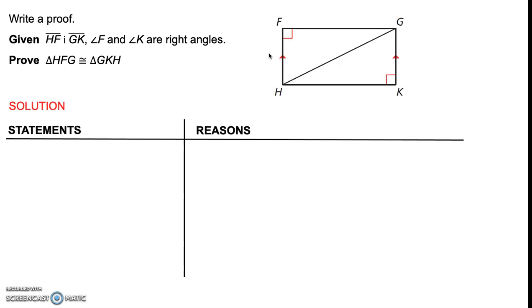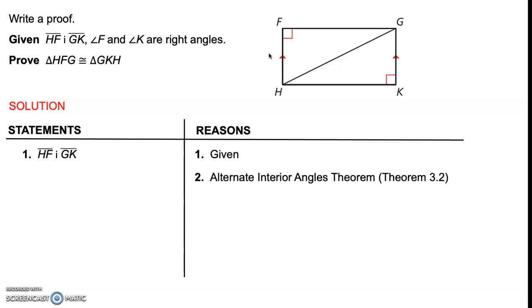Number one, draw your columns. Number two, your given was they're parallel. That should be parallel there. What would be alternate interior? Those angles would be alternate interior. Now you see, we've got an angle and a side.